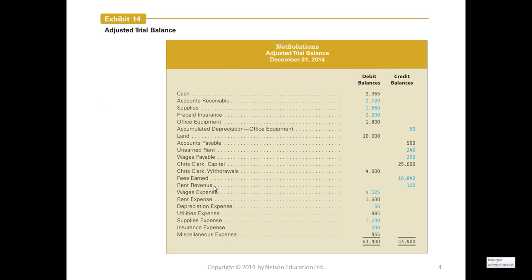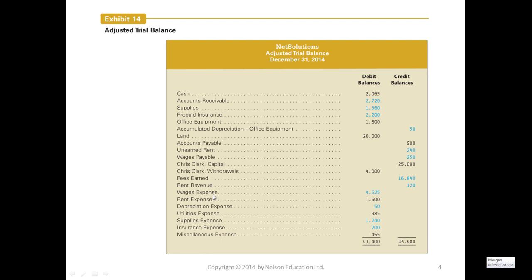The fourth type of adjusting entry that we deal with is accrued expenses. Remember, that's if our employees have worked for us, but we're not actually going to pay them until next month. So that means that our expenses, again, would be too low or understated, and our liabilities would also be too low or understated.